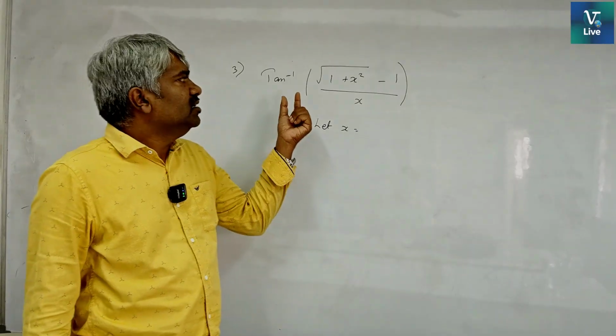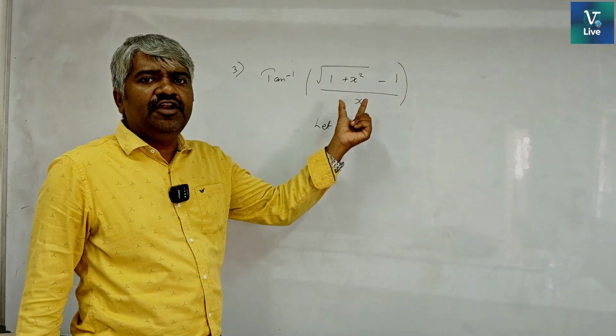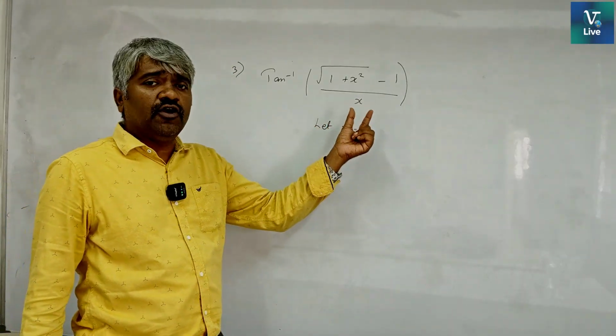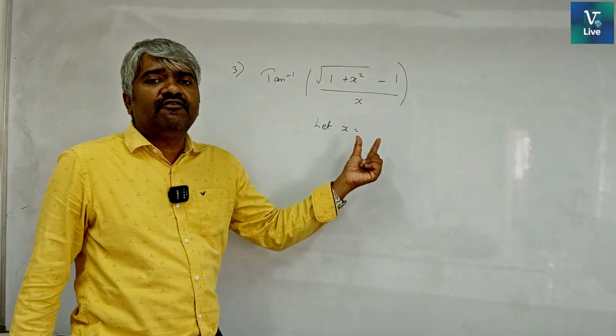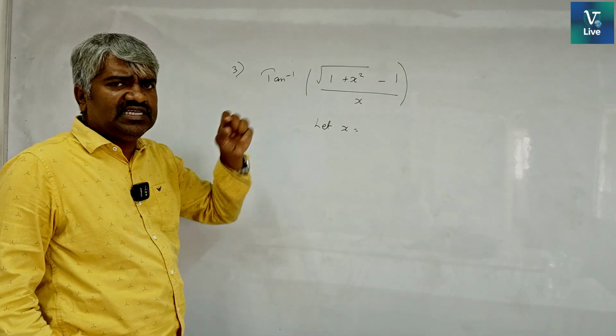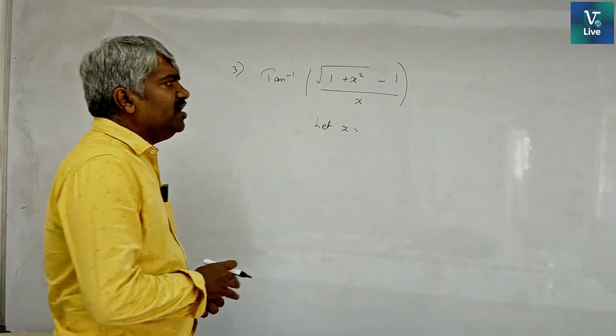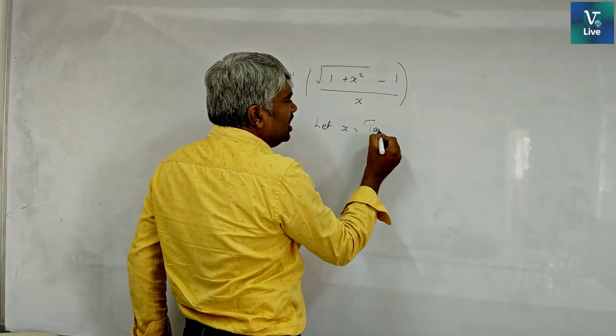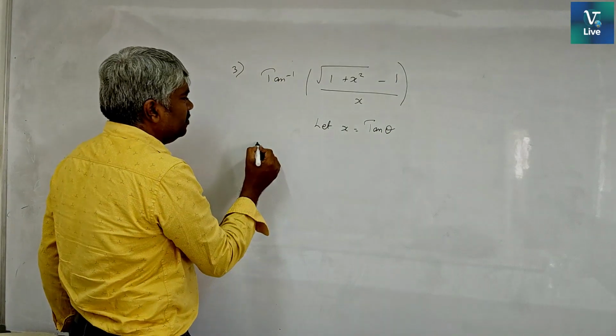Next, third question, tan inverse of this expression, we need to convert into its simplest form. So to convert into simplest form, we are going to assume some value for x. See, the tan inverse which has been given is just a hint to find a certain value for x. I am going to assume the value of x is equal to tan theta.